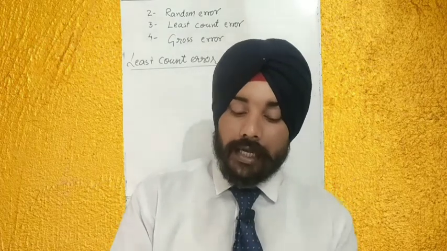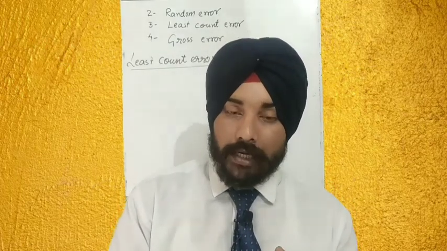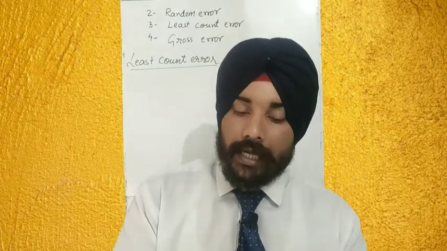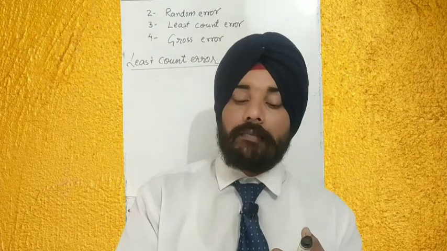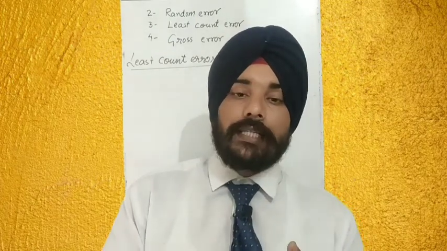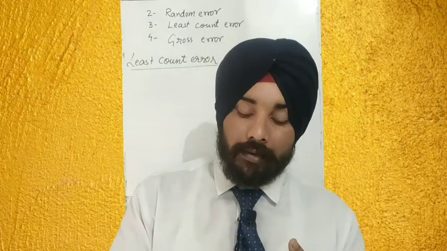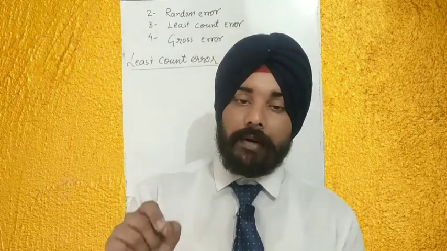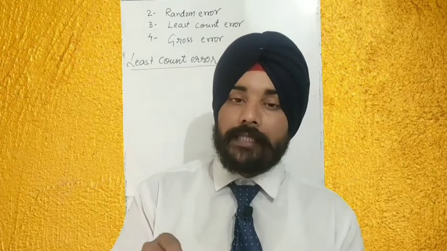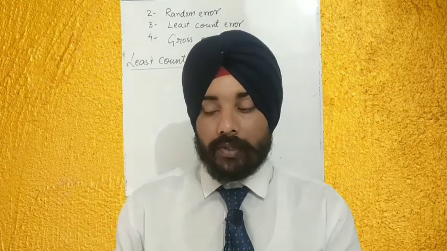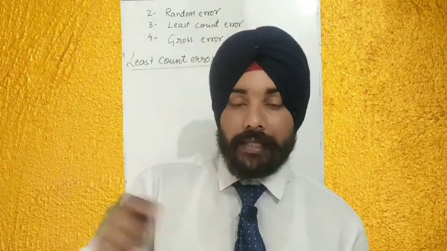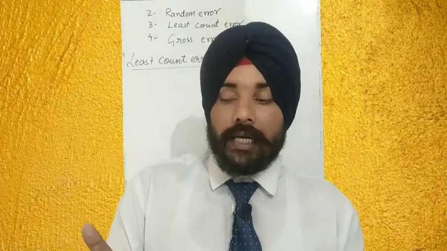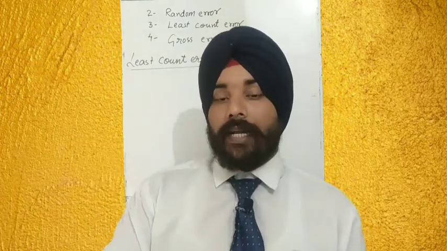So the least count of your scale is 1 millimeter, of the vernier scale the least count is 0.1 millimeter, of the screw gauge the least count is 0.01 millimeter. Least count means the minimum value which can be measured by this particular instrument accurately, with full accuracy. But below this value we cannot measure.